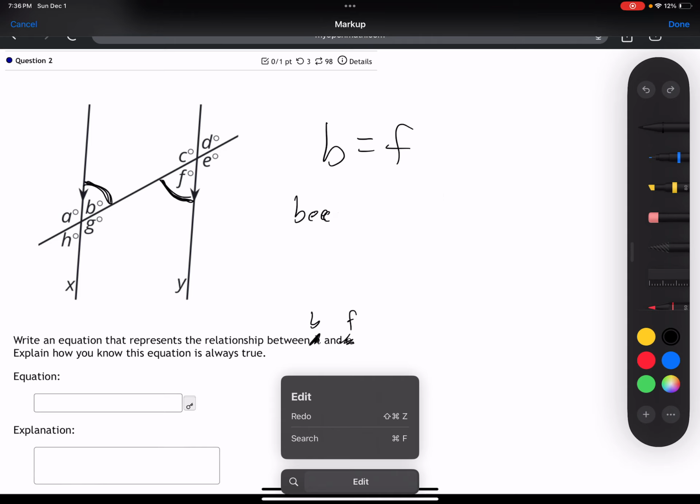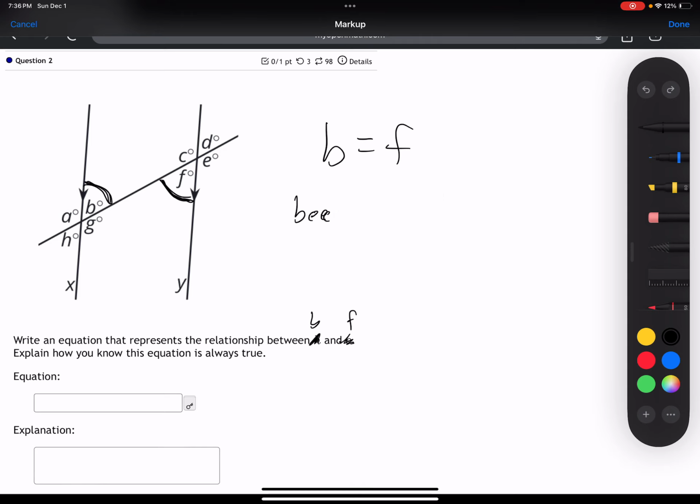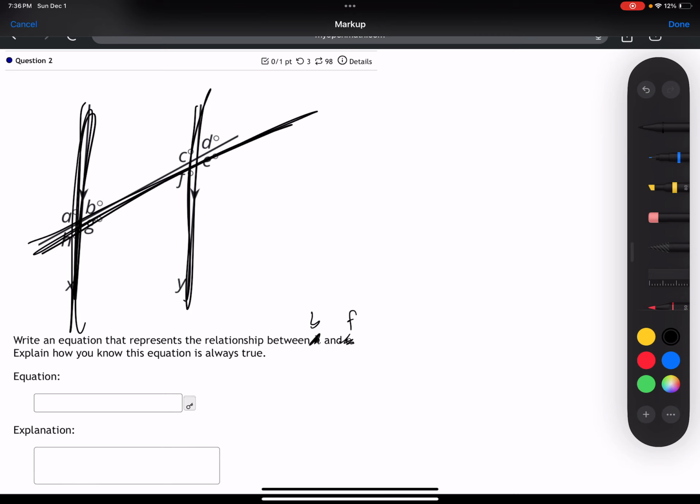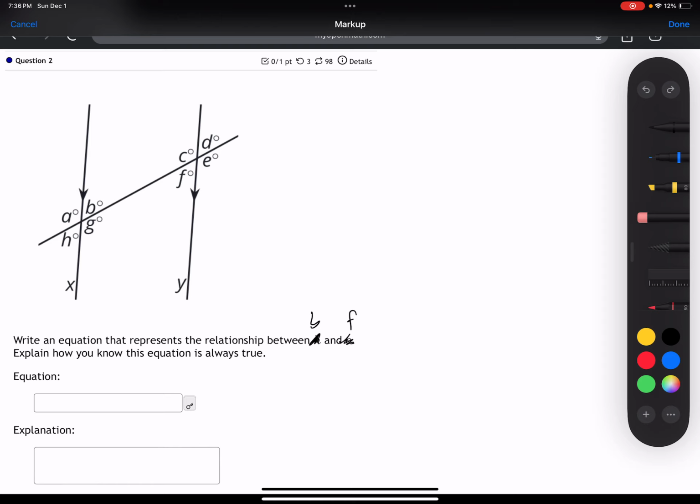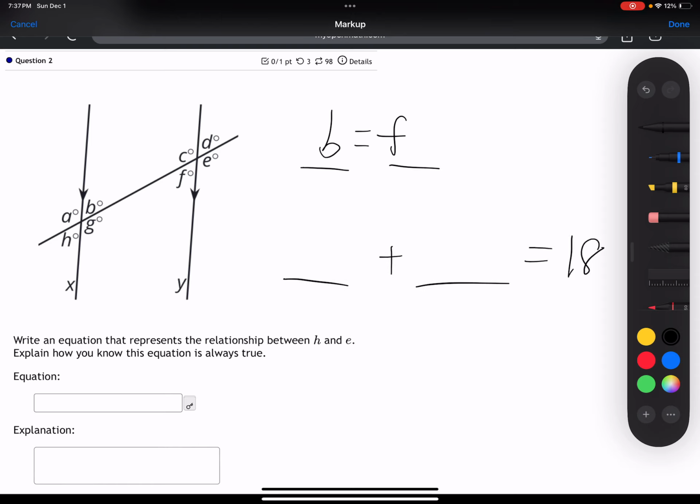Every time you're writing one of these equations for this type of parallel lines cut by a transversal, you've got two parallel lines, you've got a transversal, then you've got only two possible equations. It's either something equals something, so like b equals f, so like blank equals blank, or it's blank plus blank equals 180.